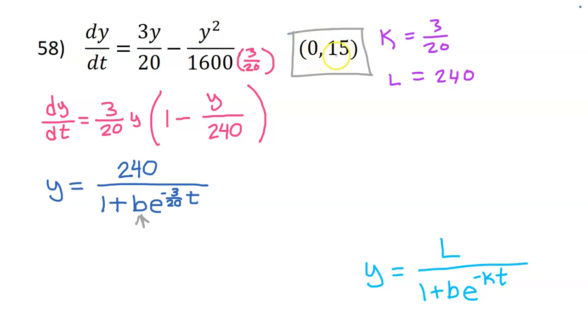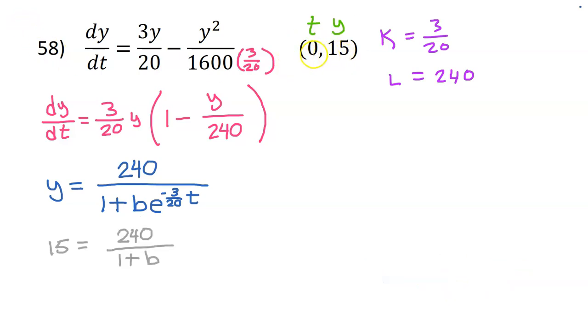0, 15. When t is equal to 0, y is 15. So we get 15 equals 240 over 1 plus b, because when t is 0, we have e to the 0, which is 1. A very useful algebraic shortcut is that when you have a number equal to a fraction, you're allowed to swap the denominator with the number over by itself.